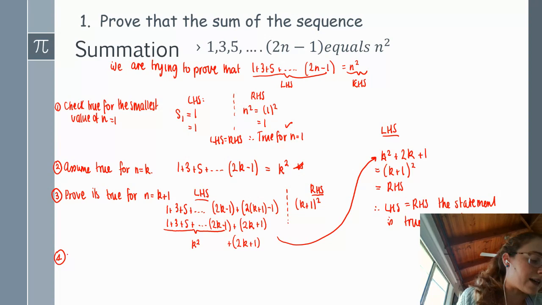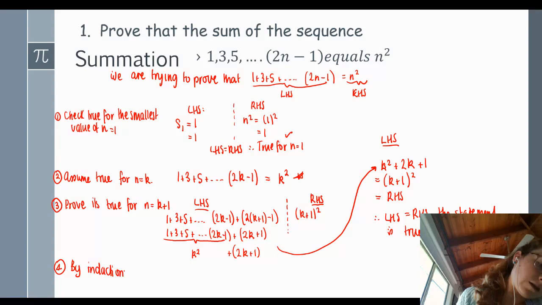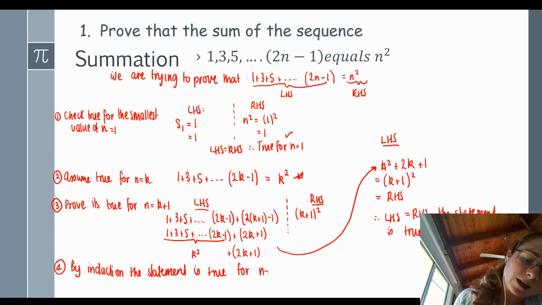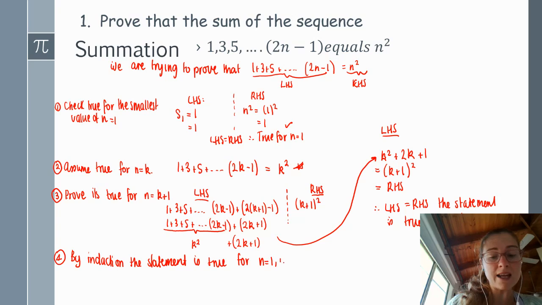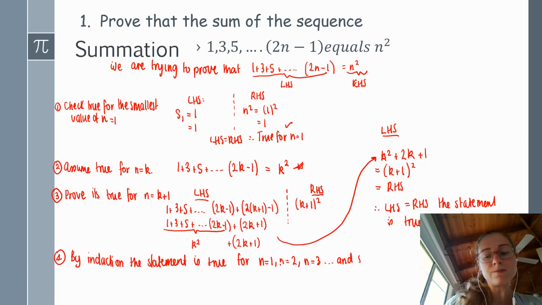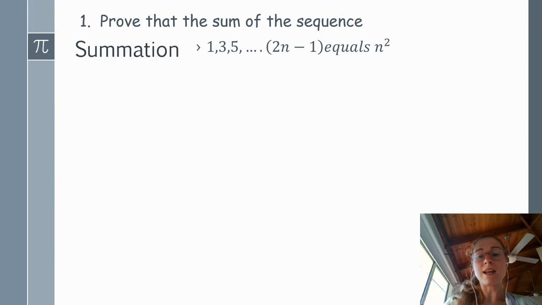So therefore we say, by induction, the statement is true for n equals 1, and then the next term would be n equals 2, the next term n equals 3, and so on. Therefore, true for all n. Right, warm up one, first one out of the way and over and done with. Let's apply it to another question.